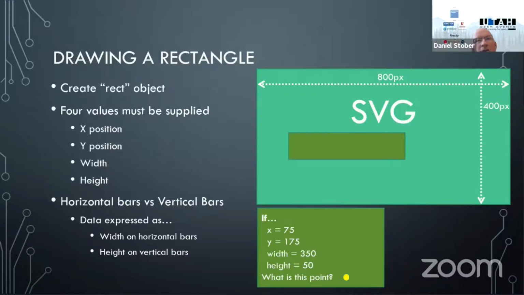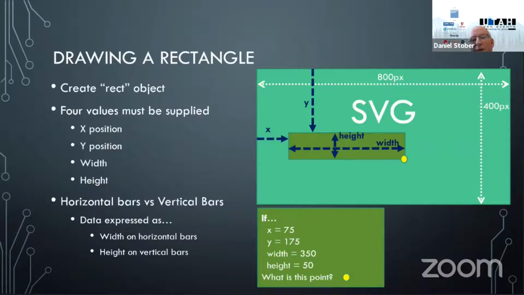Now, maybe when you took geometry back in 9th grade, you defined rectangles by supplying the X and Y coordinates of the 4 points. But in this case, that's not the way it works. What we do is we define the X and Y positions of the left and top sides of the rectangle, and then we derive the other two sides by supplying the height and the width.